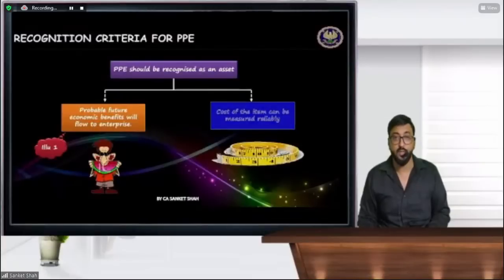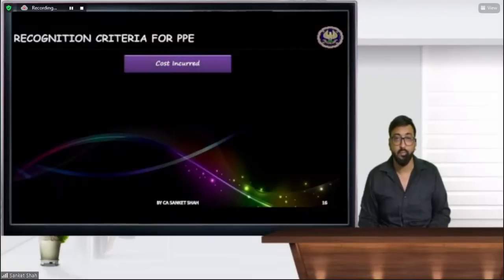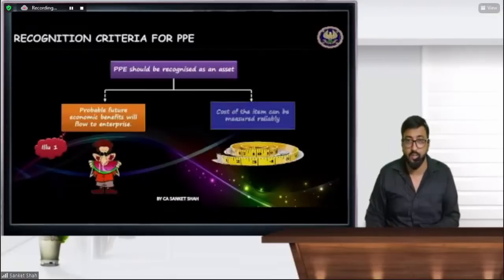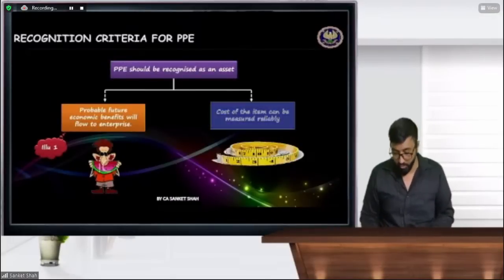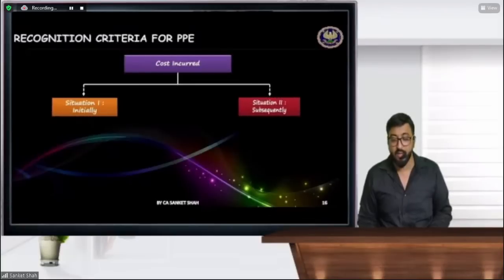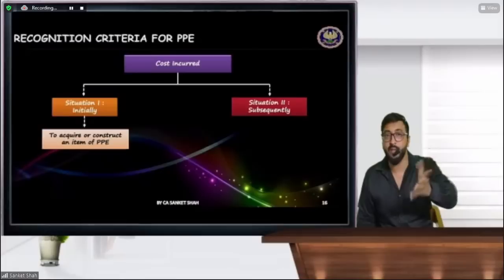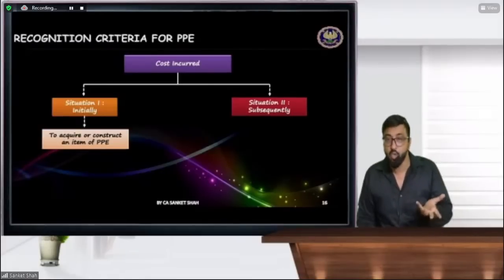You got the concept? Now what is cost incurred? Cost incurred is divided into initially and subsequently. Have you taken the screenshot? Initially, it will be recorded at cost to acquire the asset. So the first time is the acquisition.